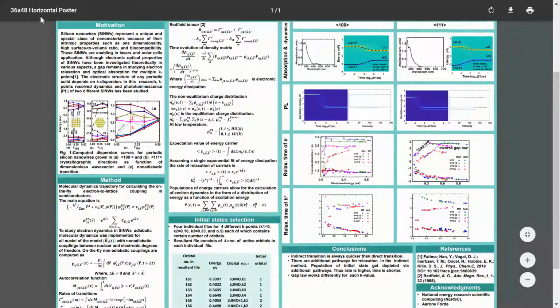No, it just says epsilon, so that should just be energy. I think this is the energy difference between HOMO and LUMO, right? This epsilon. So is this making this graph, the PL one? This is the energy difference between HOMO and LUMO, and these i and j, they are orbitals.